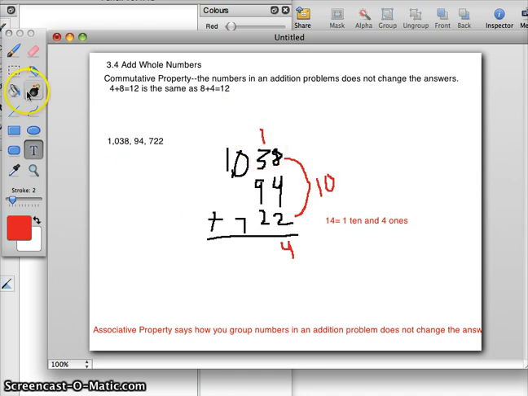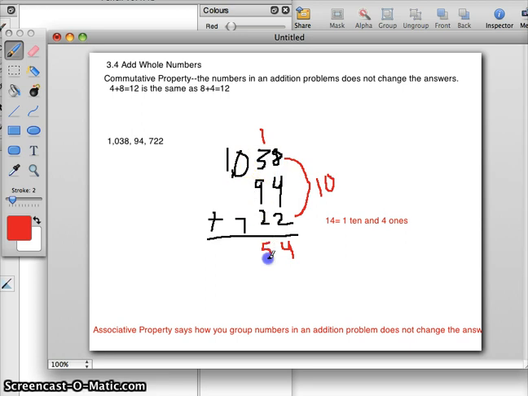So we got the 4 ones here, and then we carried the 10 into the tens place value. Now, excuse me, my voice is getting a little hoarse, but we need to keep going on our addition problem. So this is probably easier: 9 plus 1 is 10, plus the 3 is 13. Now we add the 2, which is 15.